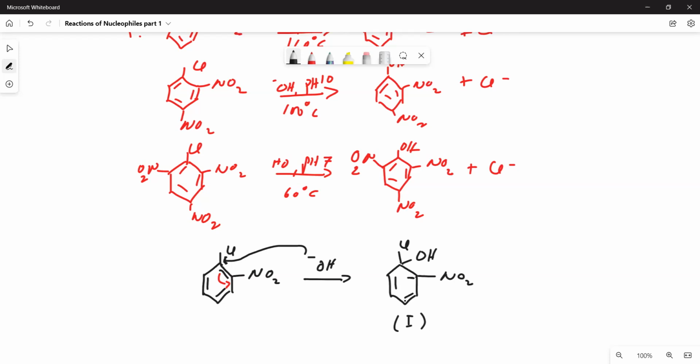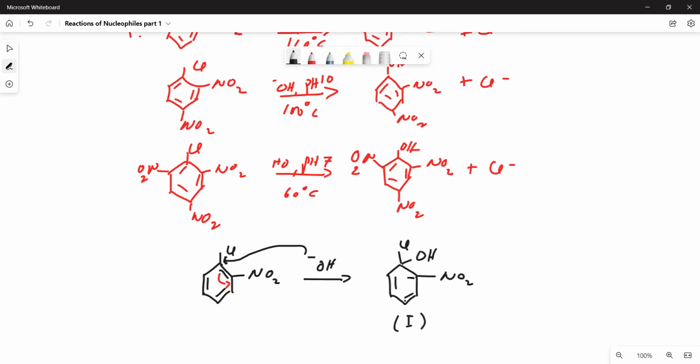And if the electron withdrawing groups are positioned at the ortho and para positions to the chlorine, you would notice that the negative is very close to the electron withdrawing group, meaning it is more stabilized, okay, than placing the electron withdrawing group at the meta position.